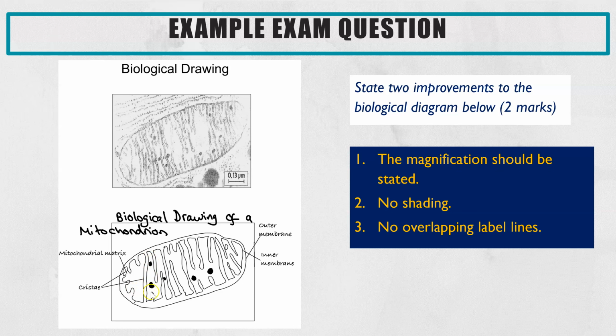They have shaded in some of the structures. They have got a title, and it is to scale, but they haven't actually stated the magnification. So for 2 improvements, any of these answers would have got you a mark. So the magnification should have been stated. There should be no shading, and the label lines should not overlap.